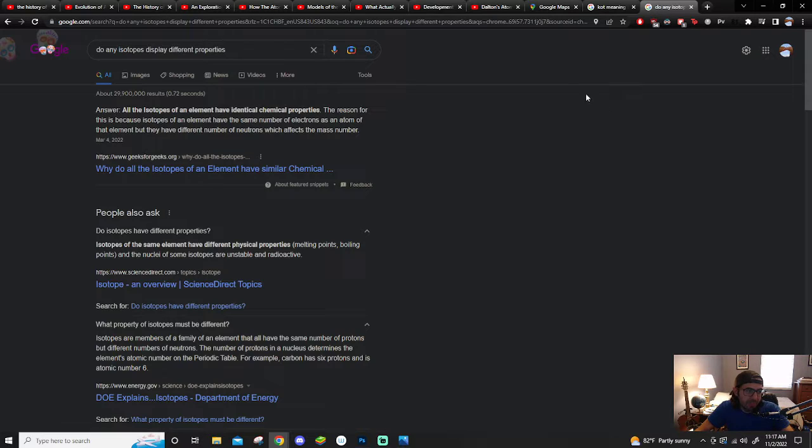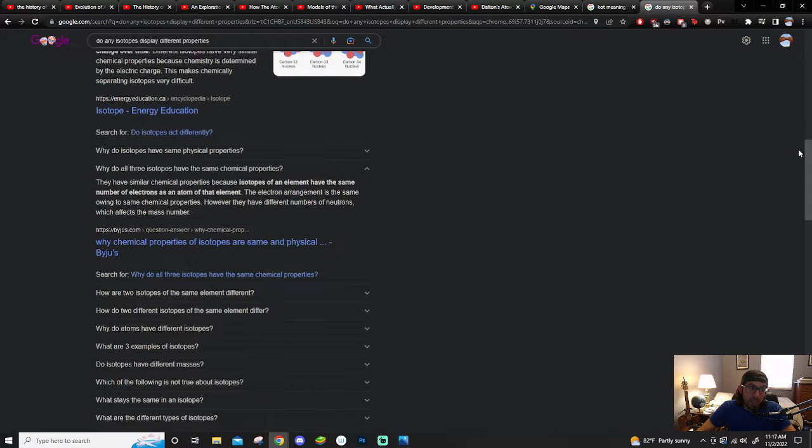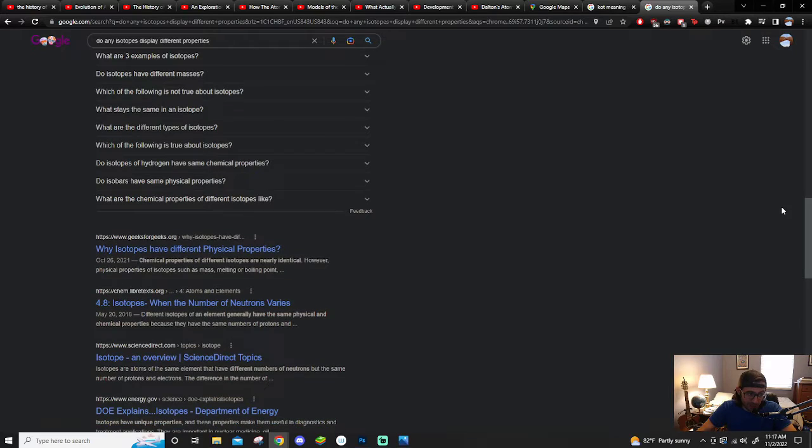Anyway, there's gotta be an anomaly. I don't believe it for a second that every single isotope of every element is identical except for, okay, like, this is nearly identical.